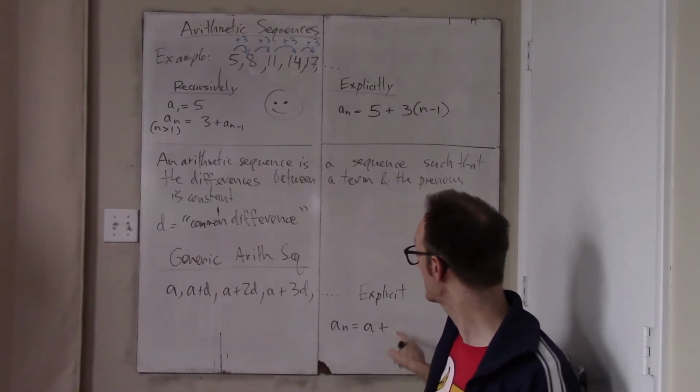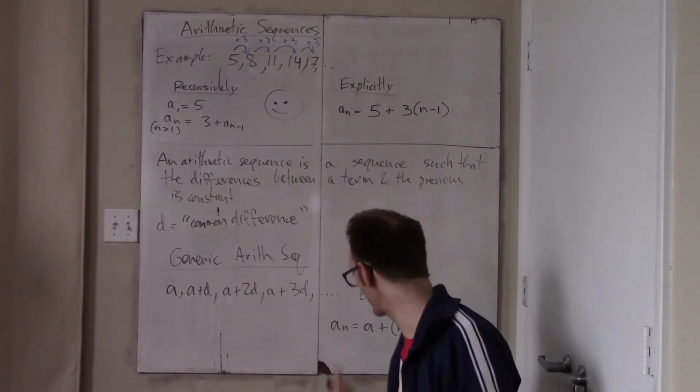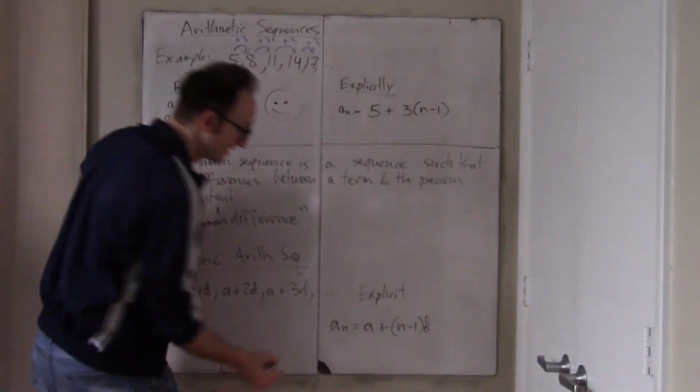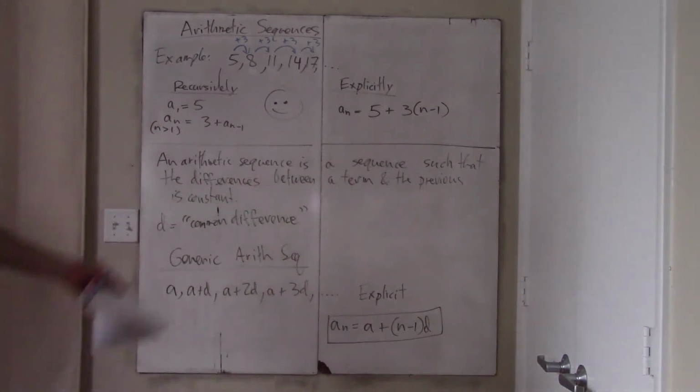How many d's? By the time I'm on the nth term, I've added d n minus 1 times. So this is obviously the correct formula that will tell you what the nth term of an arithmetic sequence is, if you tell me the first term and the common difference.